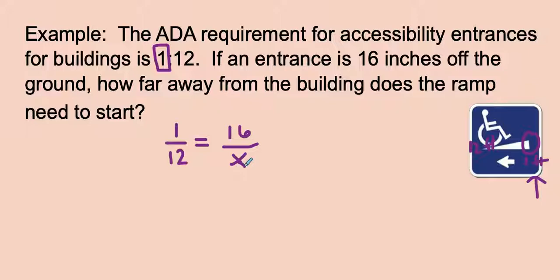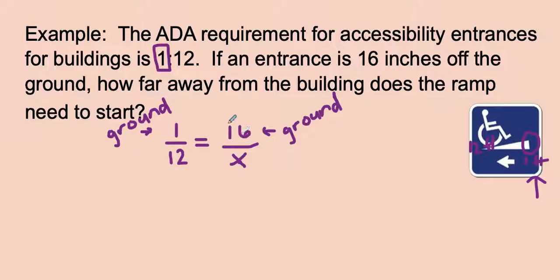All right, so if I set up my proportion the right way, so this is, again, 1 is off the ground, then the 16 is also off the ground. Notice those are both in my numerator, right? And my denominator then is feet away from the building. Both of those denominators should match up, feet away from the building.